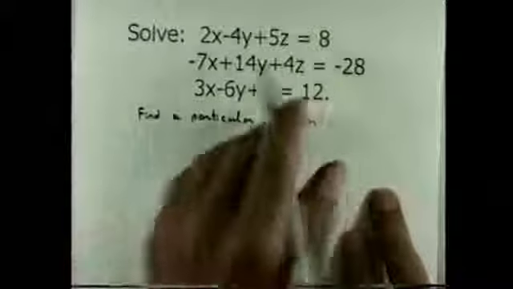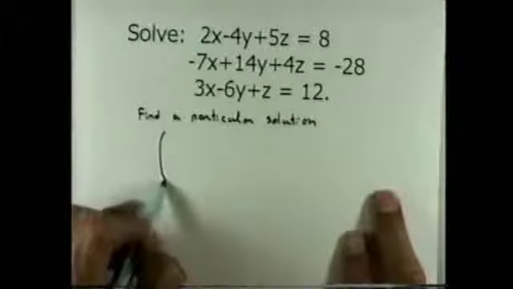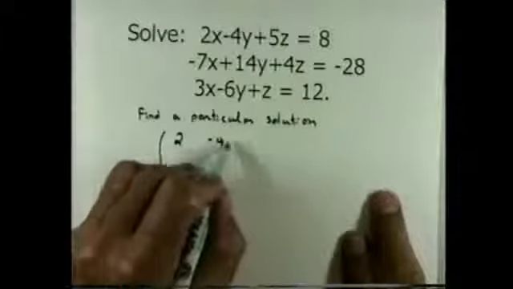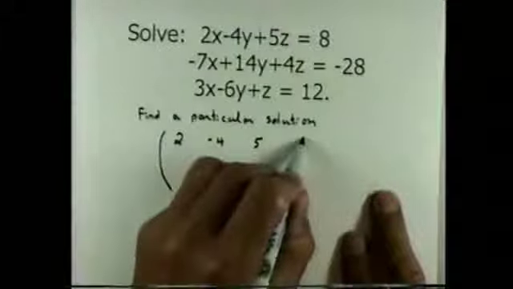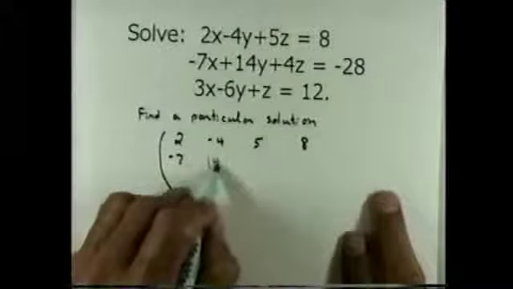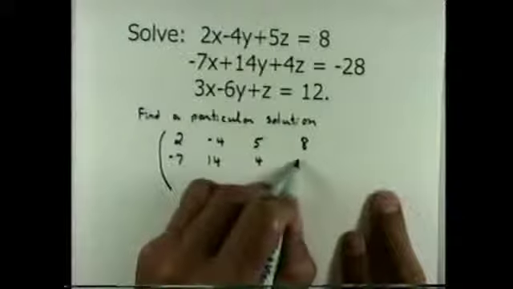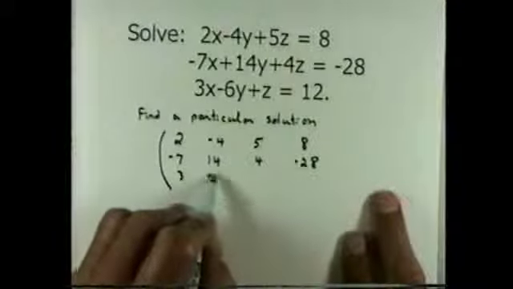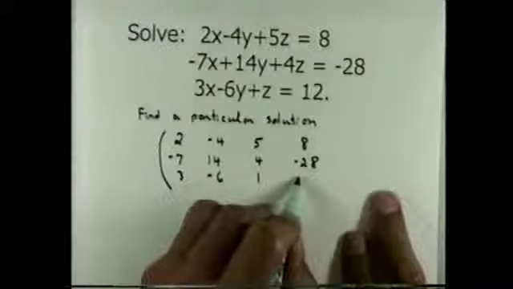I can write the equation in matrix form as 2, negative 4, 5, 8, negative 7, 14, 4, negative 28, 3, negative 6, 1, 12.